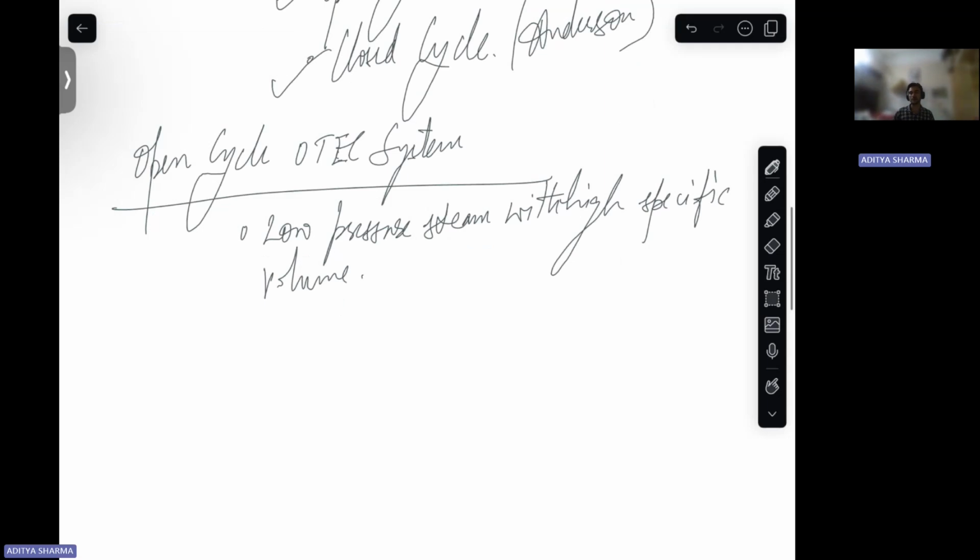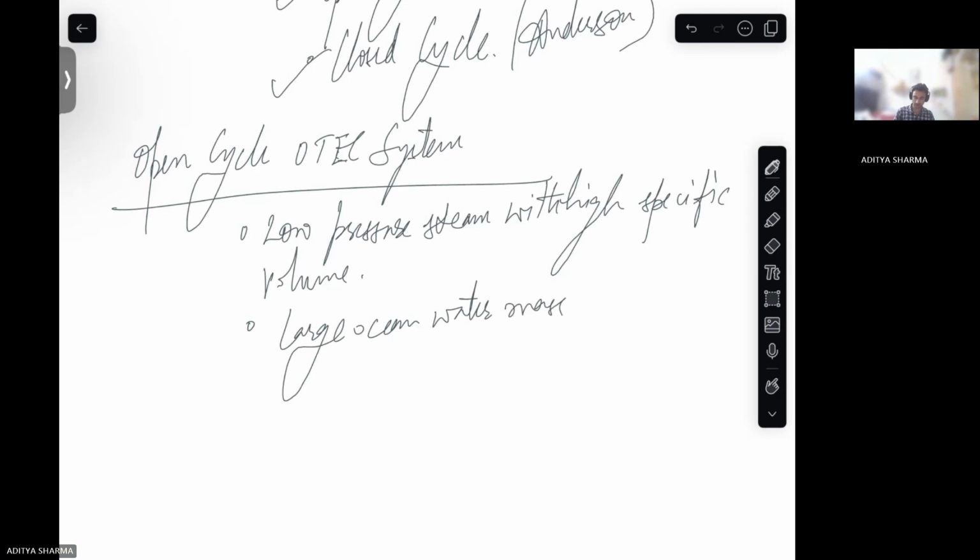If you compare it with the conventional steam power plants that we discussed in vapor power systems. Other than this, you need a very large ocean water mass, and a large volume flow rate is used.